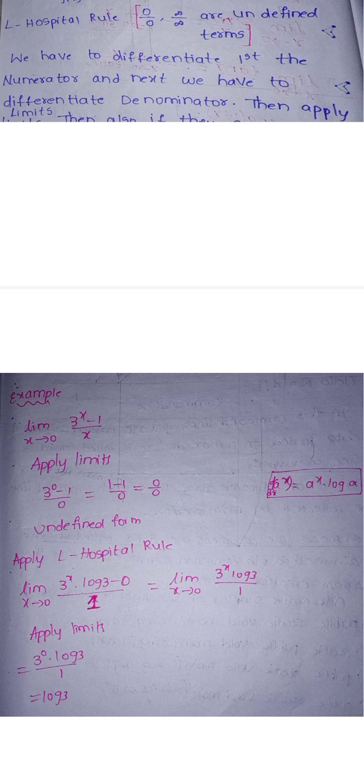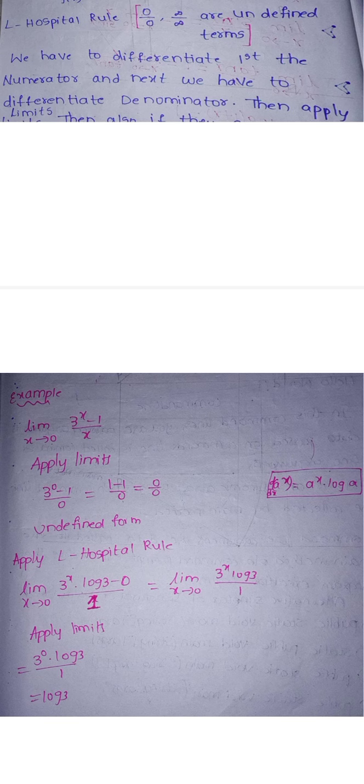So I differentiated the numerator 3 power x minus 1, then I differentiated the denominator. First we differentiate the numerator, next we differentiate the denominator, and then we apply the limits.